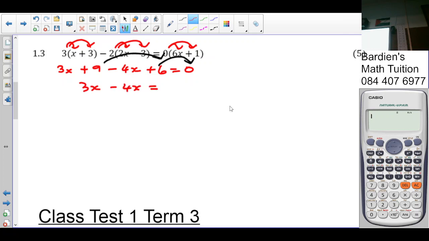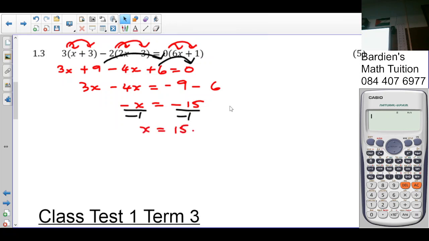We take 9 over the equal sign, it becomes negative 9. Take 6 over, it becomes minus 6. So what is 3x minus 4x? Negative x. What's negative 9 minus 6? Negative 15. So I divide by negative 1 both sides. So x is equal to 15.